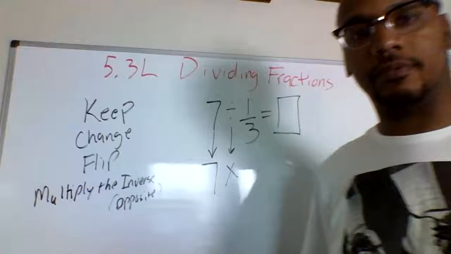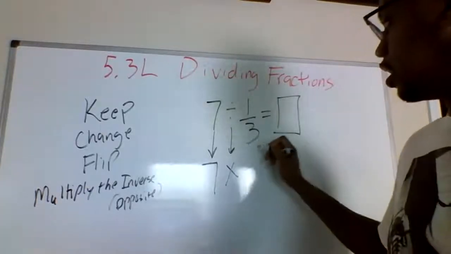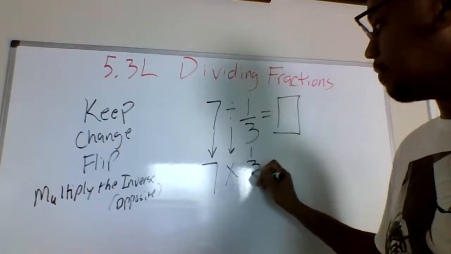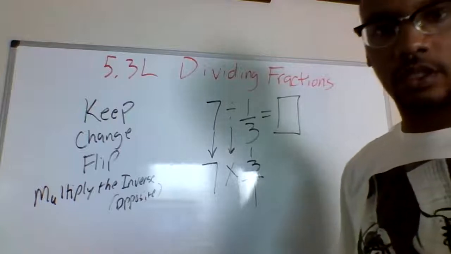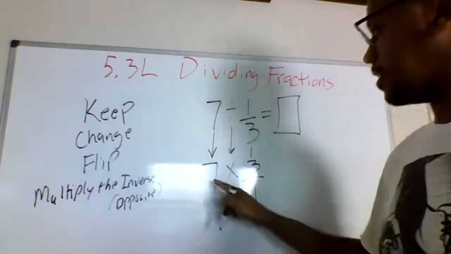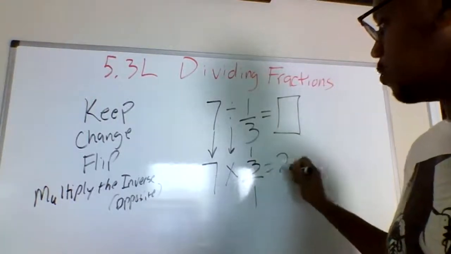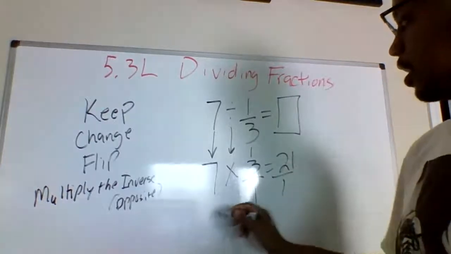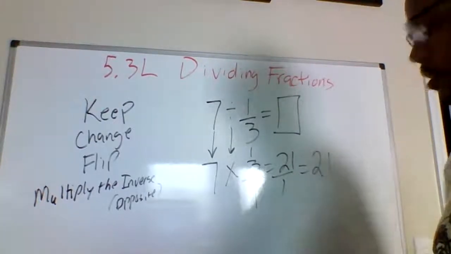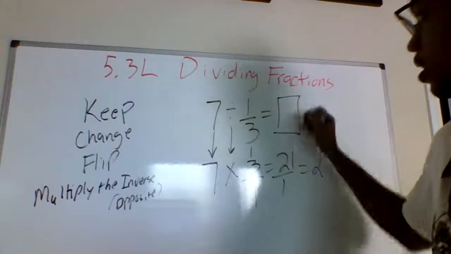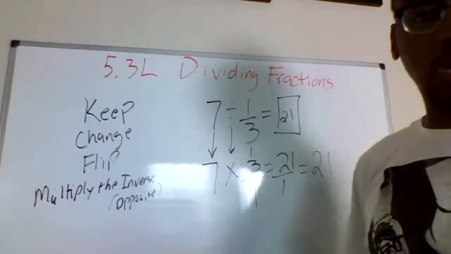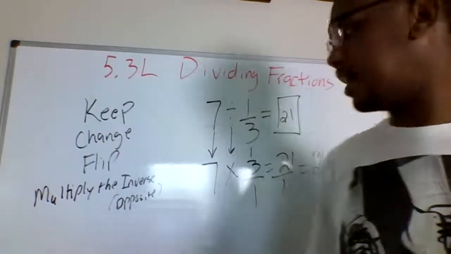I'm going to take the opposite. That means I'm going to have 3/1. And 7 times 3 is 21/1, which is the same thing as 21. All right? Which means the answer is C.